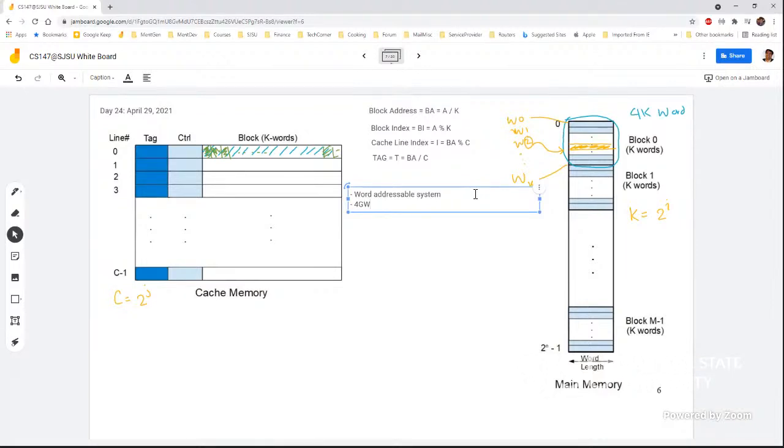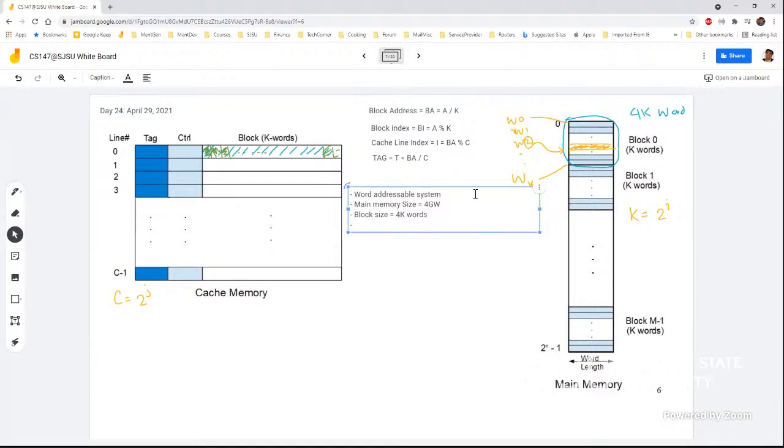So main memory size is equal to 4 gig words. And then let's say the block size is 4K words.